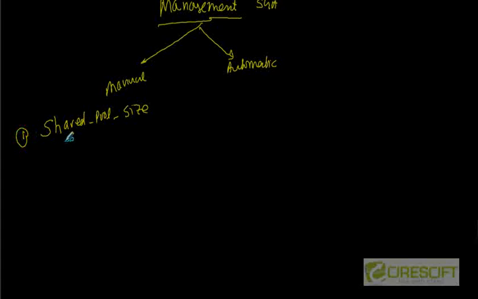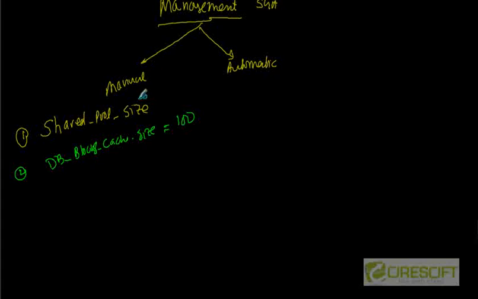By setting this value, I can set the maximum memory that my shared pool can contain. Similarly, to set your database buffer cache, there is a parameter called db_block_cache_size. If you have an 8 kilobyte block and your size is set to 100, that means your db buffer cache size is 800 KB, and so on.